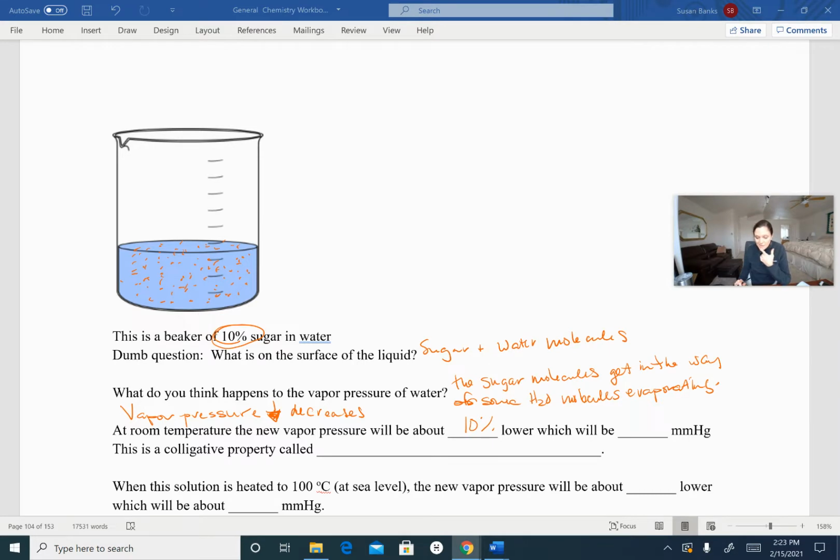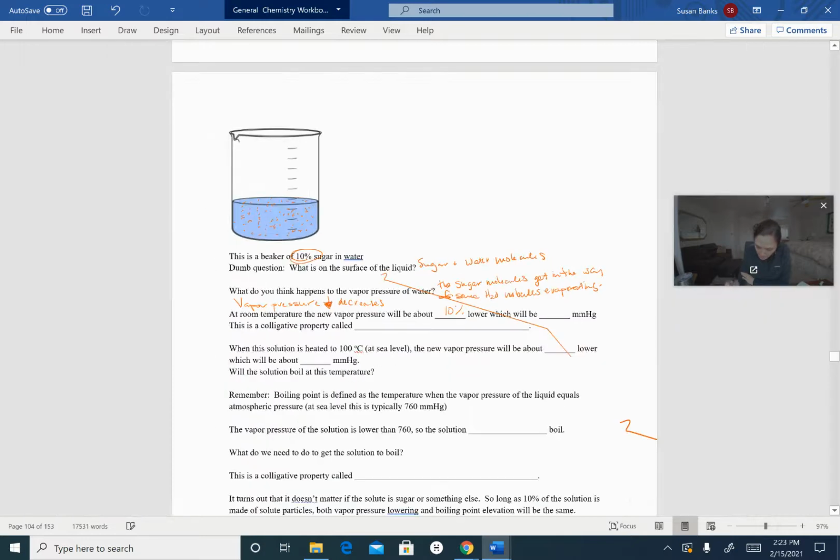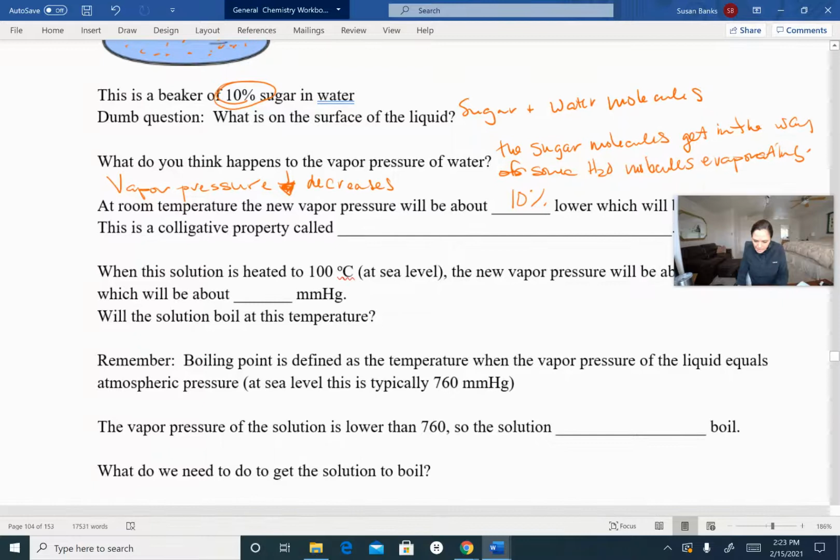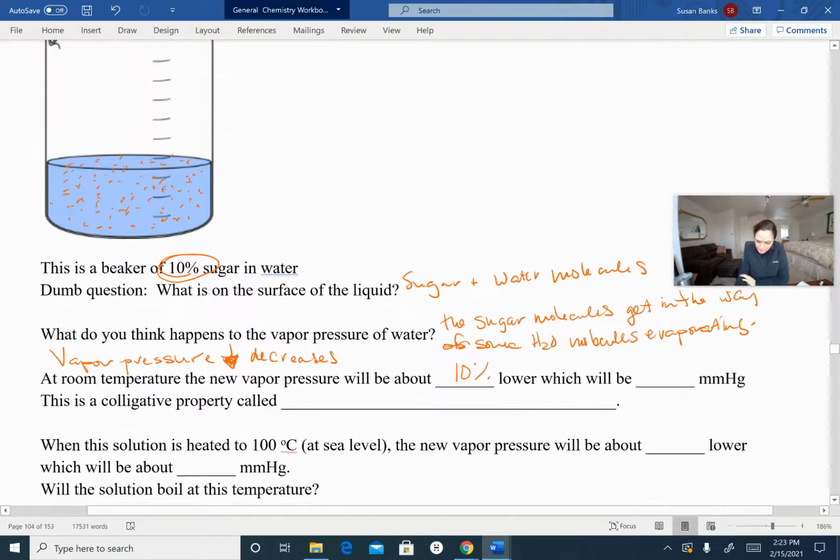So I would expect about 21.6 millimeters of mercury for my water vapor pressure.